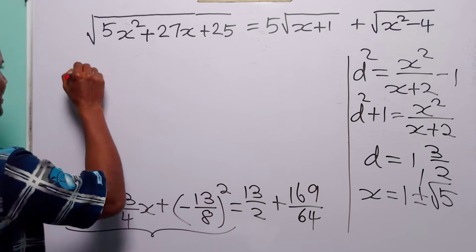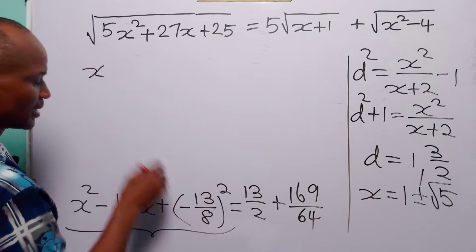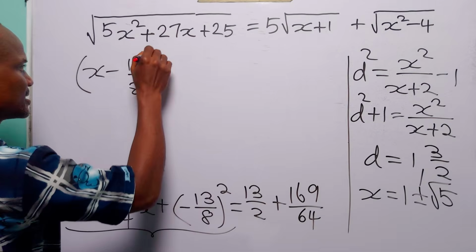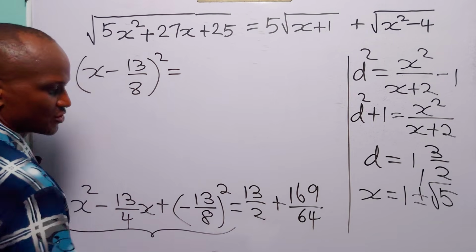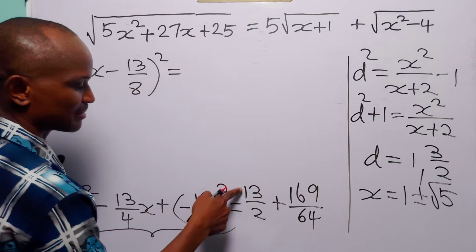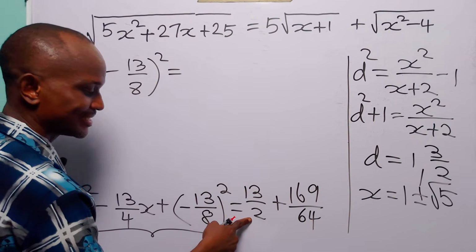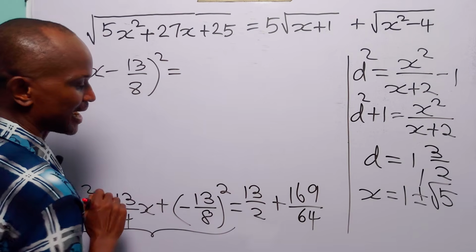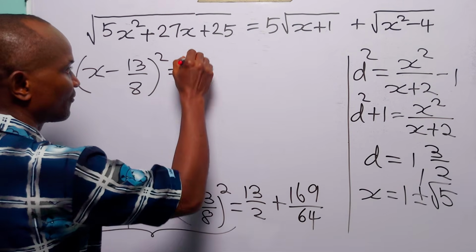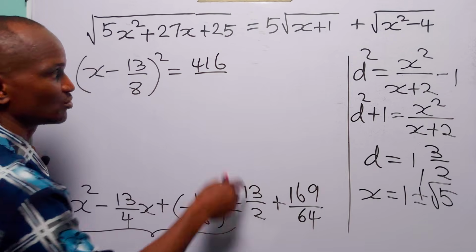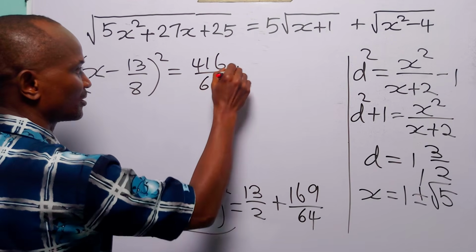So we take 1x and we take 1 minus 13 over 8 and we square. Now, so that these two can have the same denominator, let us multiply both the numerator and the denominator of this first fraction by 32. 32 times 13 is 416. 32 times 2 is 64.